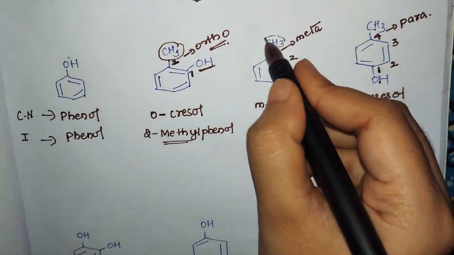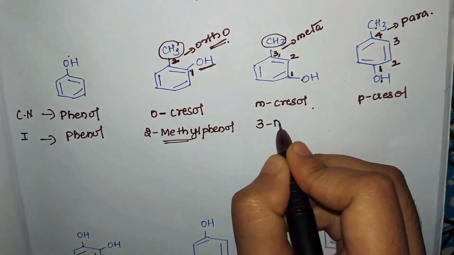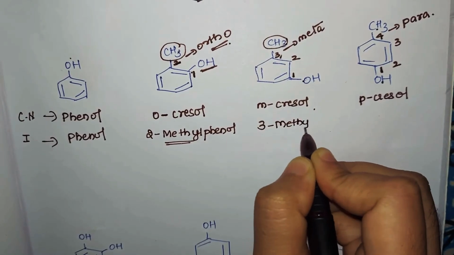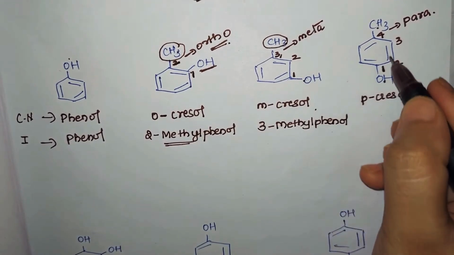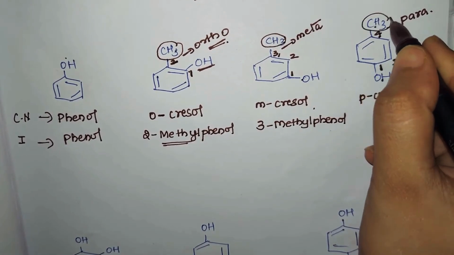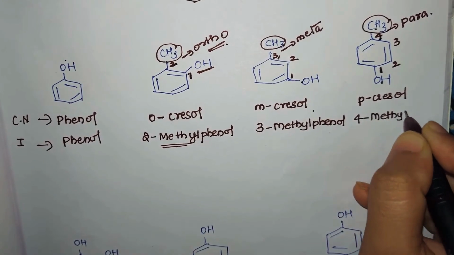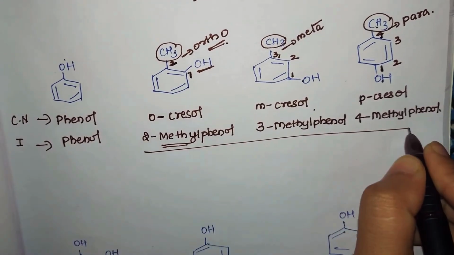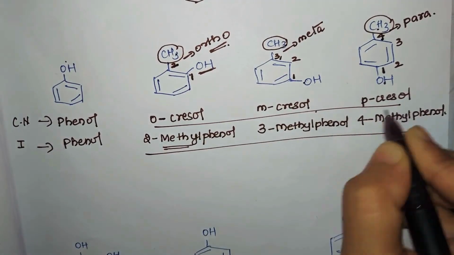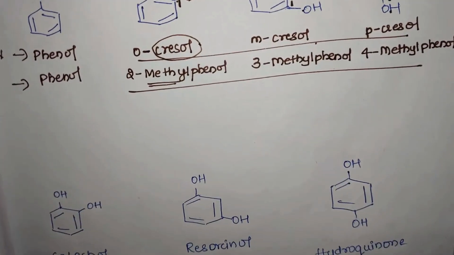We'll consider the next, CH3 is present on the third position. So it becomes what? 3-methyl and it is present on phenol. So it becomes 3-methyl phenol. And on the fourth one, we write it as what? 1, 2, 3, 4. Fourth position has the methyl group. So it becomes what? 4-methyl phenol. First preference is given to OH. Why? Because it is a functional group. Remember this, these are the IUPAC names, above are the common names, and when methyl is attached to phenol, it is cresol.